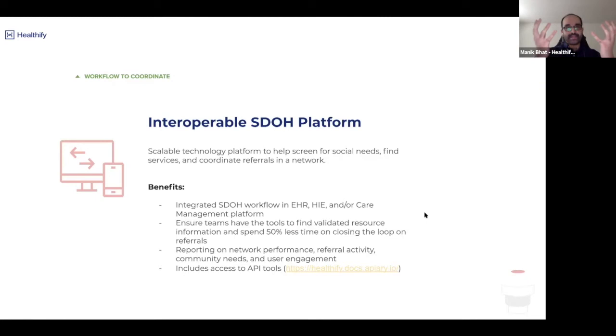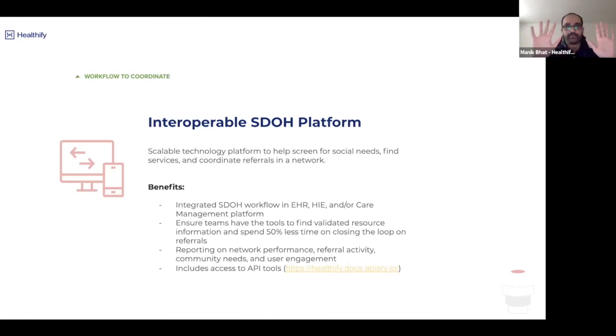We support this network with an interoperable SDOH platform. Does all the things you would expect. Helps folks screen for needs, find services, coordinate referrals in a network. The main word I want to call out here is interoperability. What doesn't get integrated doesn't get used. And we've integrated a lot of the usual suspects in the EHR world, HIE and care management world. And it's deeply important to get that right.